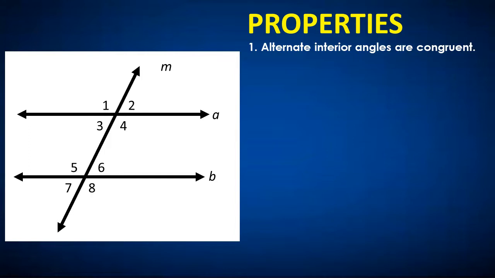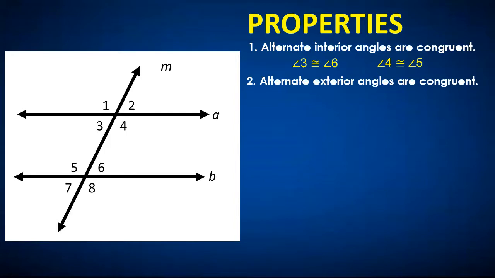Earlier we identified alternate interior angles, so we can easily say which are congruent to each other. Let's have you give a pair of alternate interior angles again. Isn't angle 3 and angle 6 a pair of alternate interior angles? So, we can write that angle 3 is congruent to angle 6, meaning they have the same measure. Aside from that, we also have angle 4 congruent to angle 5. Reason: they are alternate interior angles.